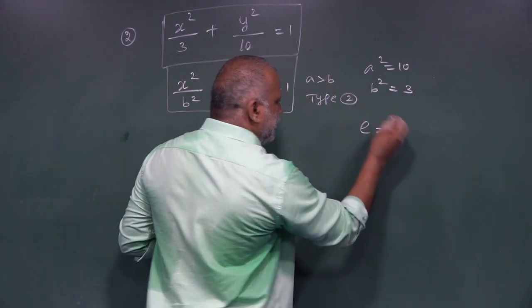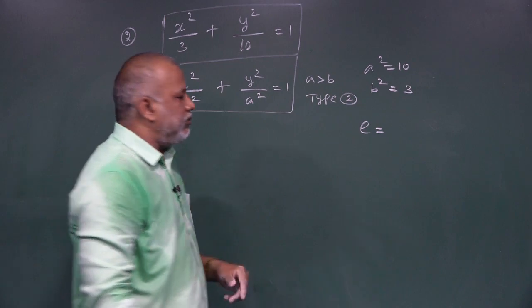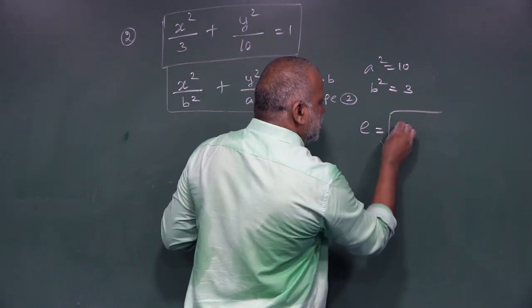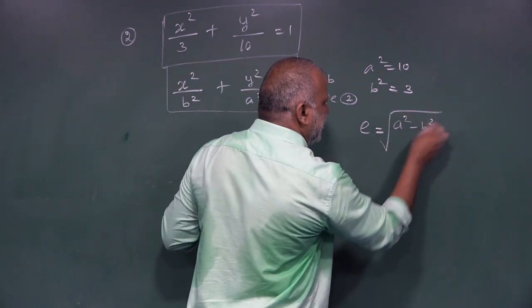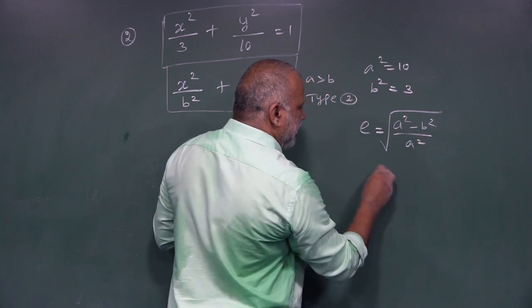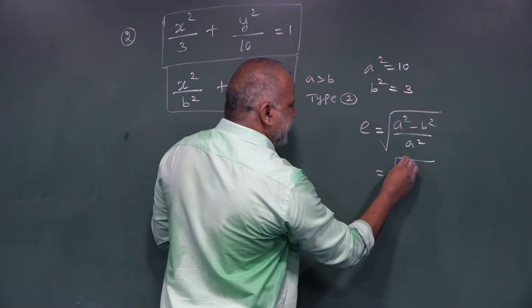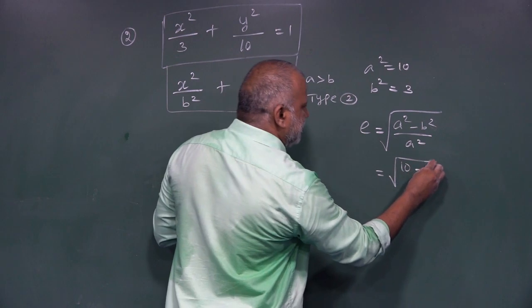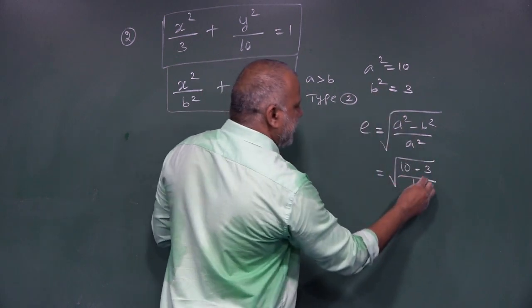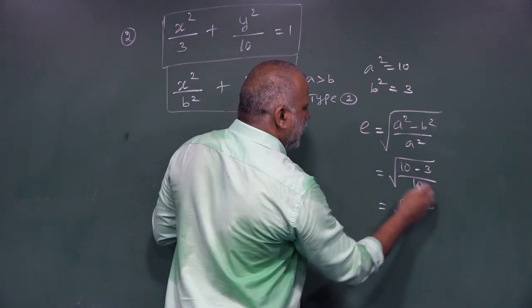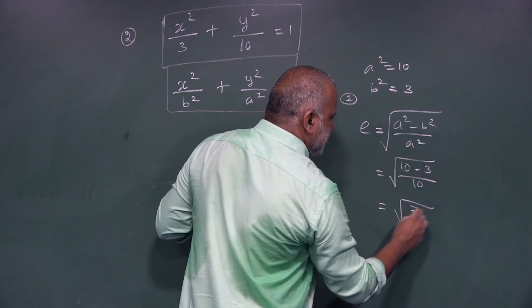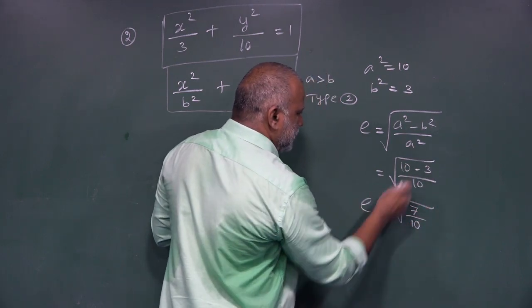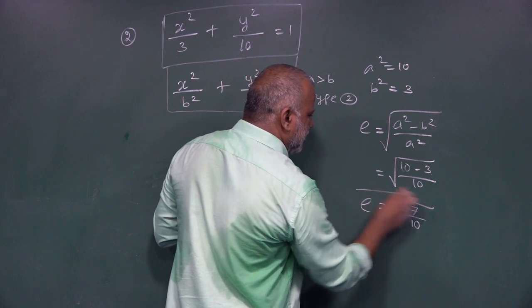Then we need e. What is the formula? Just now I am explaining. Square root of a squared minus b squared divided by a squared. The same formula only. A squared must be 10. B squared must be 3. Again a squared must be 10. Then square root of 10 minus 3, 7 divided by 10.